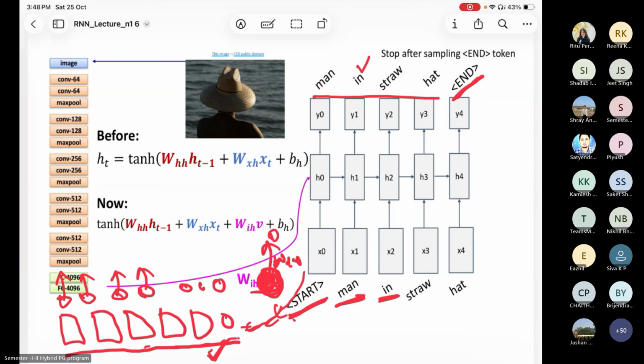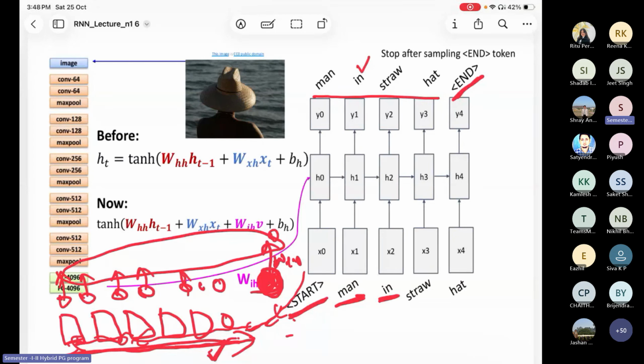Then it will go through every state. Going back means just finding the gradient, and once you reach here, you update the weights. This is the case when we predict the output at the end. But if you're predicting output at every state, then suppose you process till this point, now you have to go back, aggregate all the losses, and with the help of that loss you start going back.